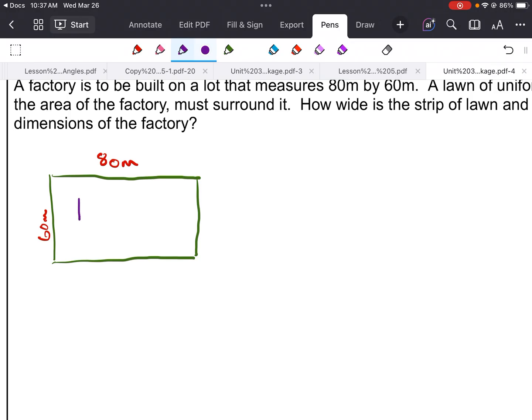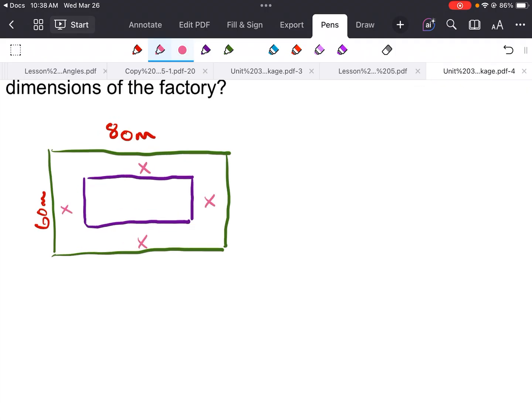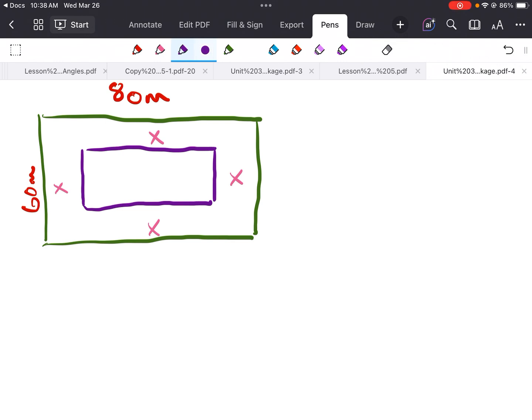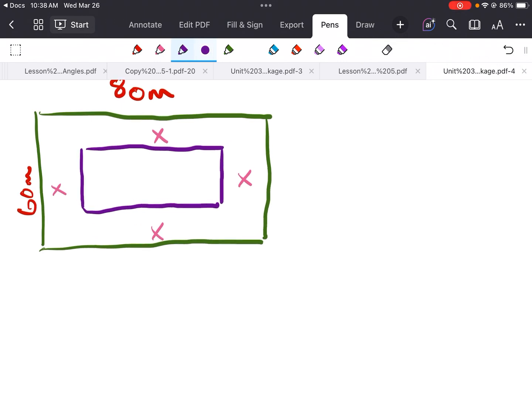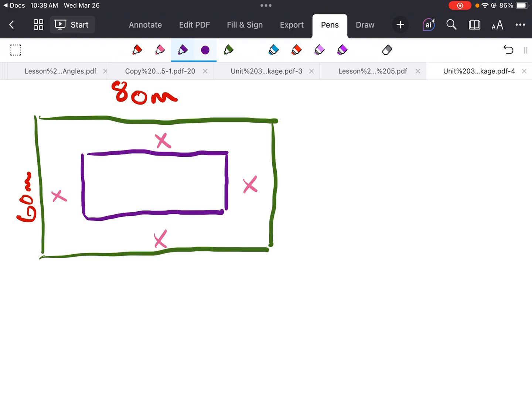Okay, so we're going to put the factory inside the yard. And we know that each side of the lawn is worth x. So when we're working with the factory, the length of the factory will be the 80 from the yard, subtract the 2 x's if you're going left to right.